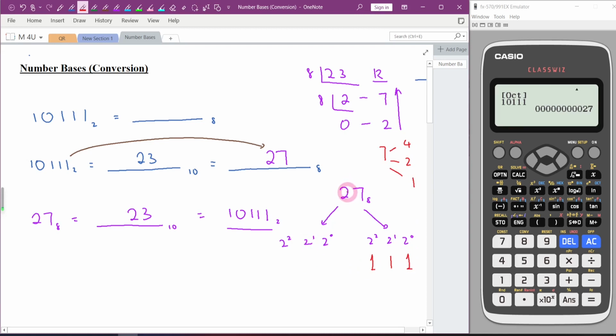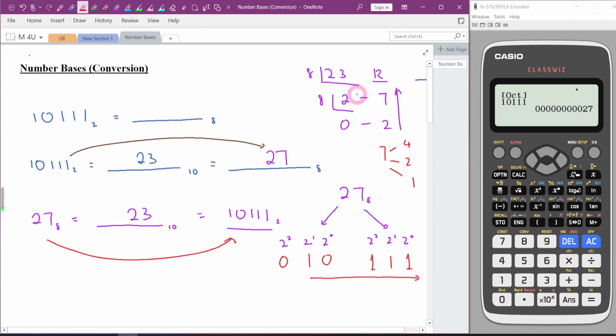I want 2. Start from the largest place value. This is 4, but I only want 2, right? So here I don't have to fill anything. If you want, you can just fill in 0. So I want 2, which is here, right? 1 times 2 is equal to 2. Here I need to put 0. The answer is 1, 0, 1, 1, 1. From here, go to base 2 directly. 1, 0, 1, 1, 1.